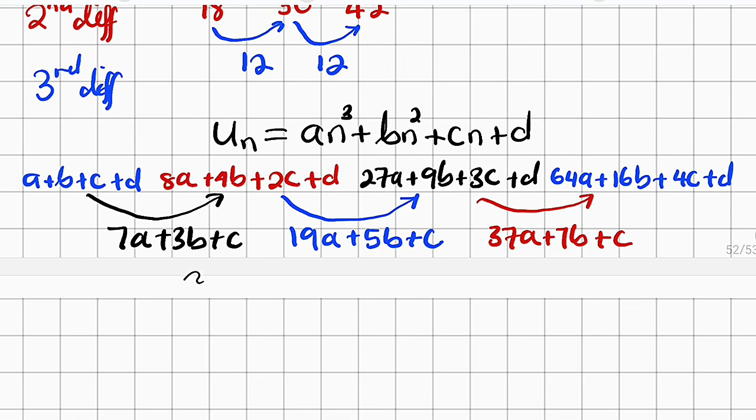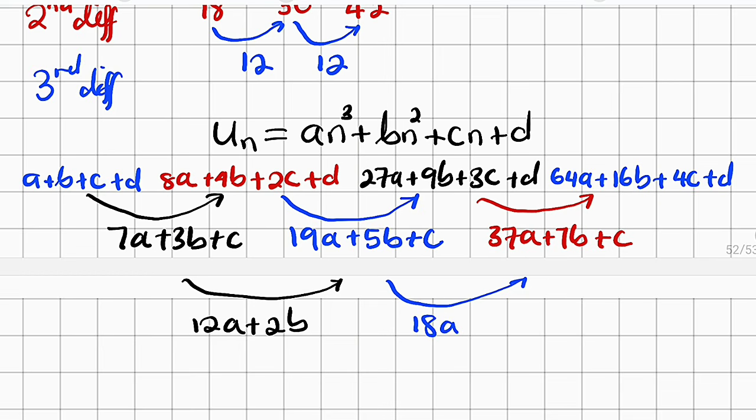Then we move to the second difference. From here to here, we need to add what? 19 minus 7 is 12, so we have 12a. 5b minus 3b will give us what? 2b. Now from here you move to this. 37 minus 19 will give us 18, right? 18a. 7b minus 5b is 2b.